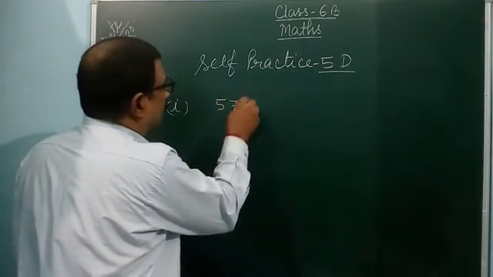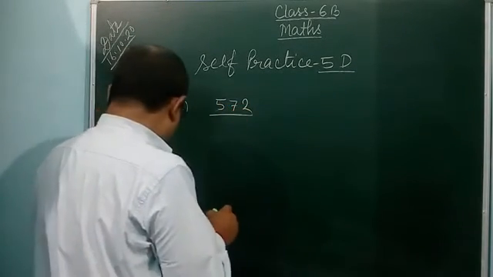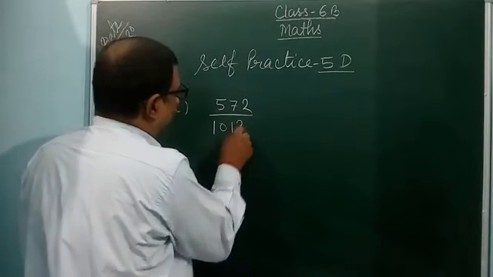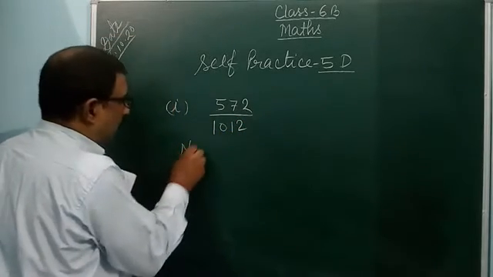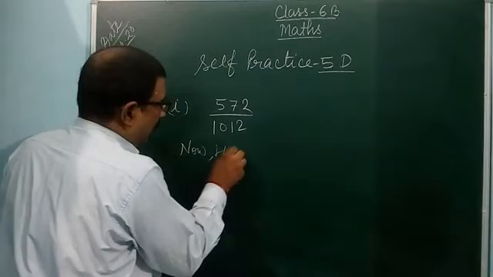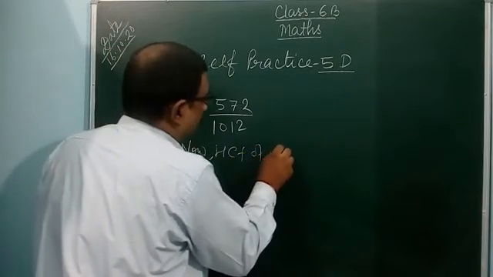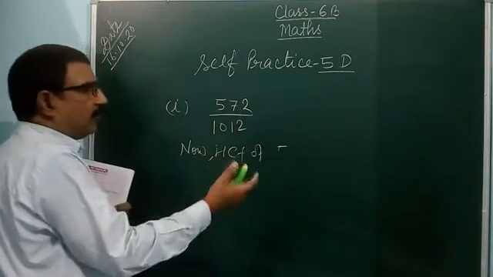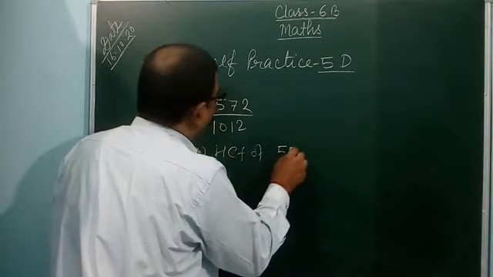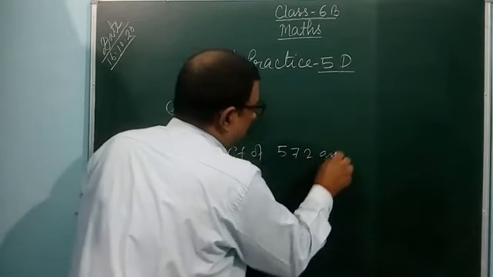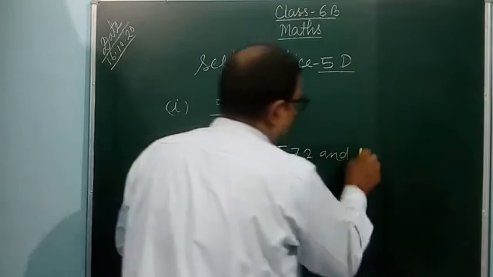572 by 1012. So now HCF of, because the number is big, so by division method you can find out HCF of 572 and 1012.